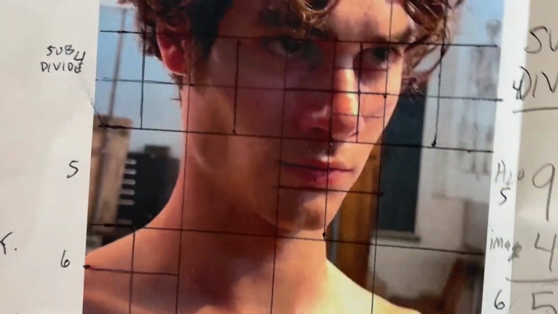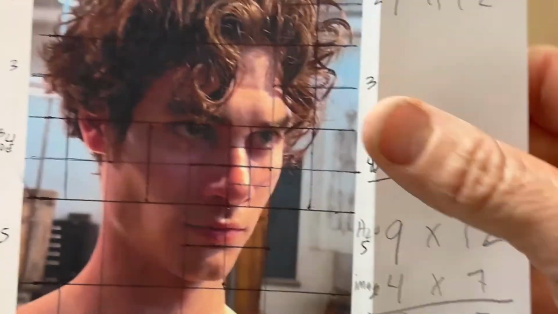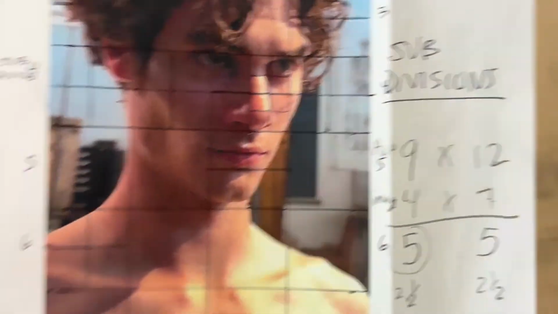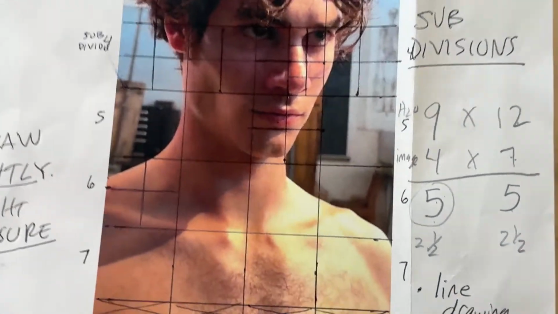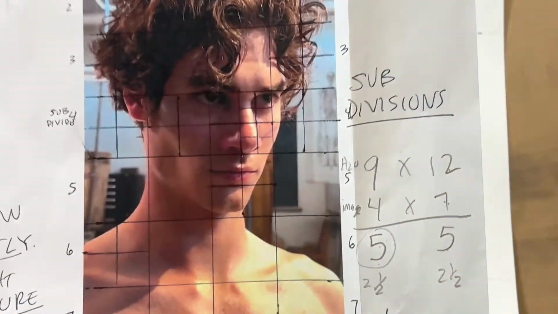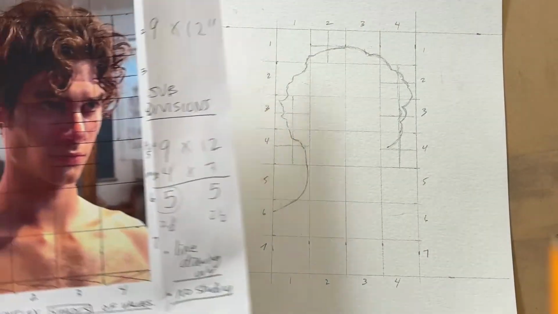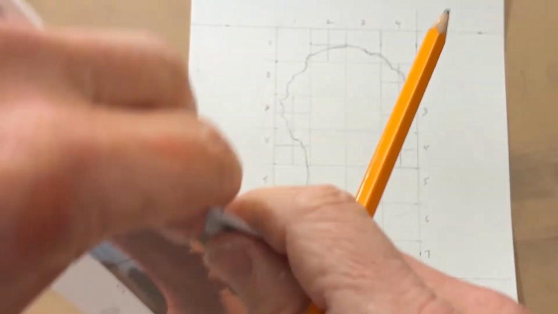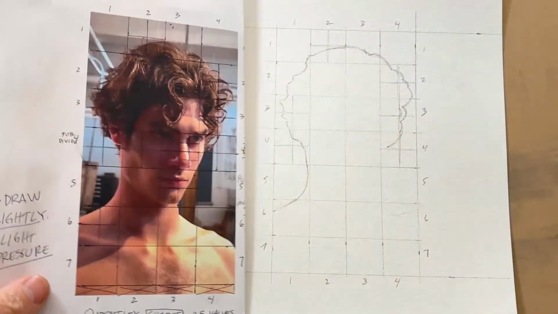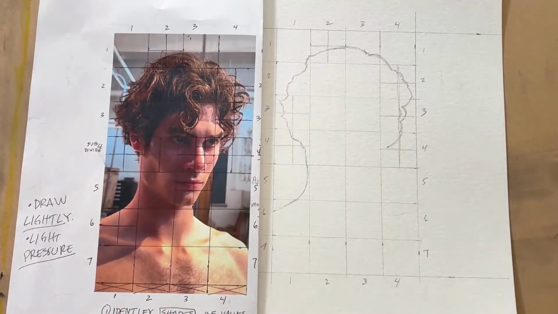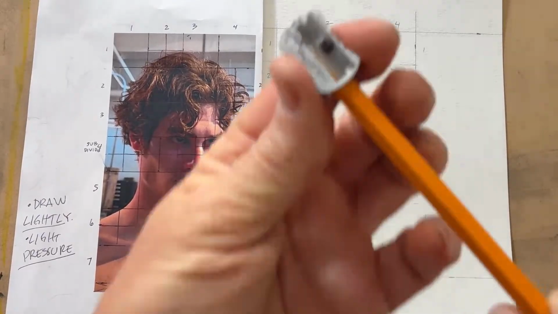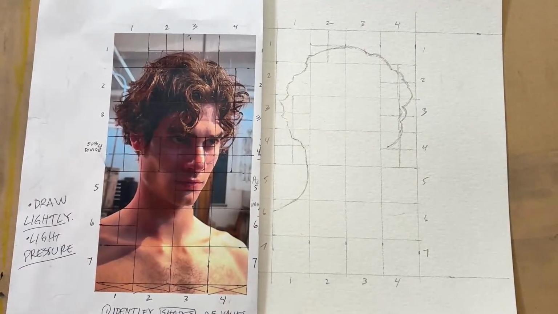So what I'm gonna show you right now is I'm gonna finish up the outline of my reference. And I folded this so I could get this closer to my drawing. I got my pencil sharpener here.